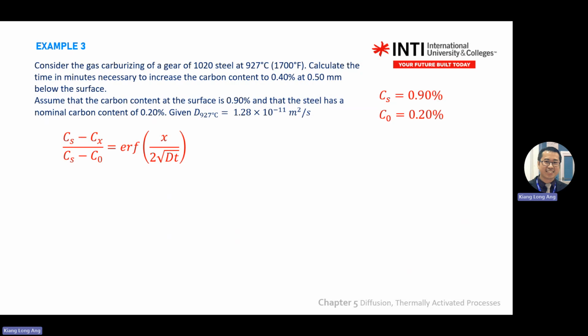The carbon content you need to find at this X must reach 0.4%. The surface is 0.9%, then the nominal carbon inside already has 0.2%.